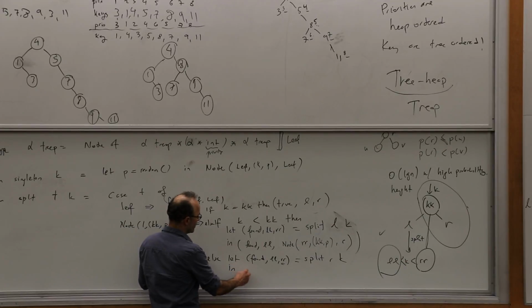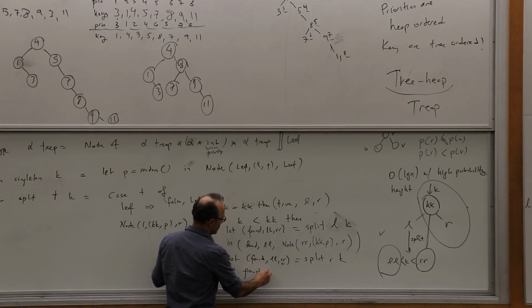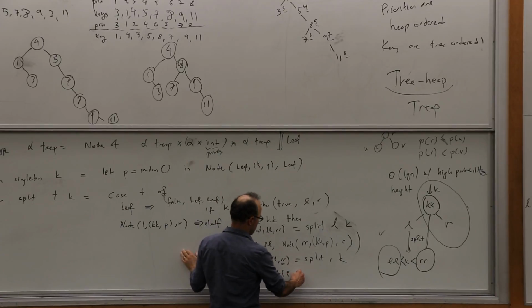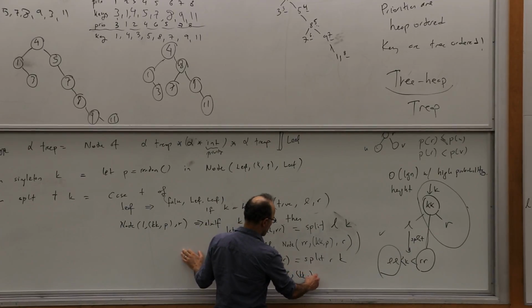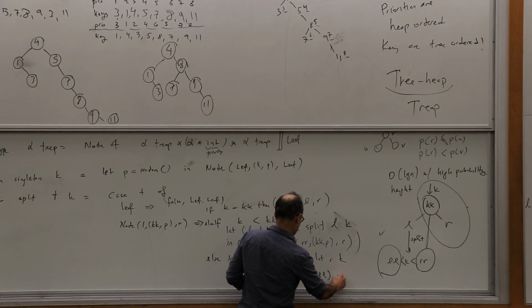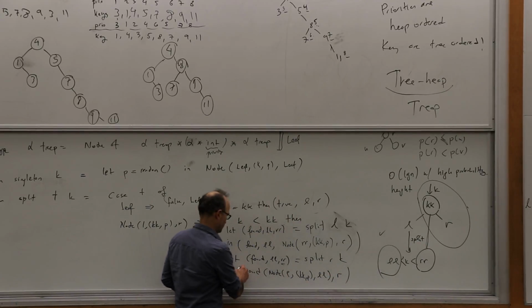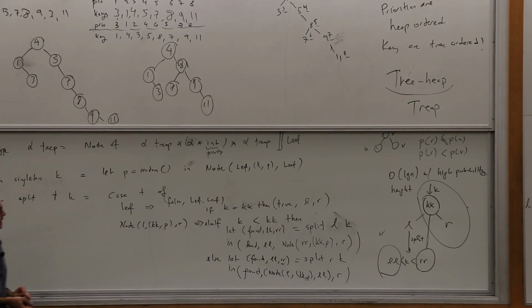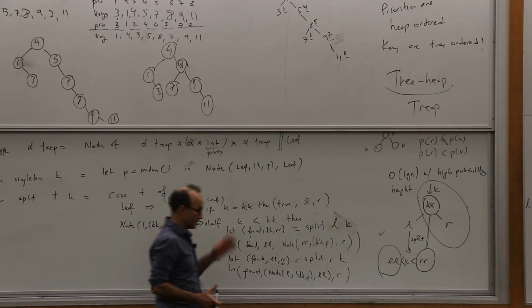So we need to return in found node L, KK, LL, and then R. Okay, did you all get that? Very good. So that's pretty much it.